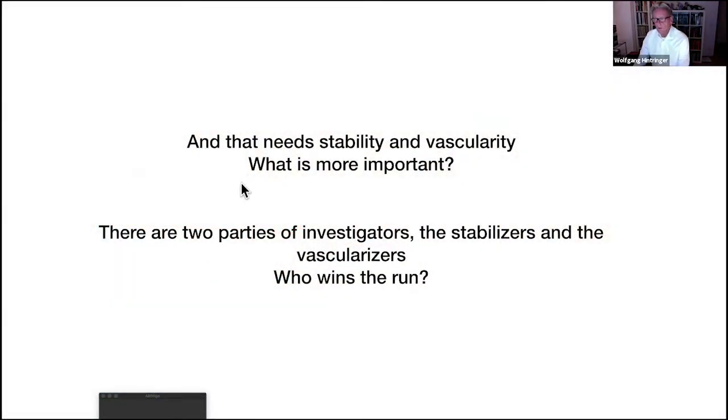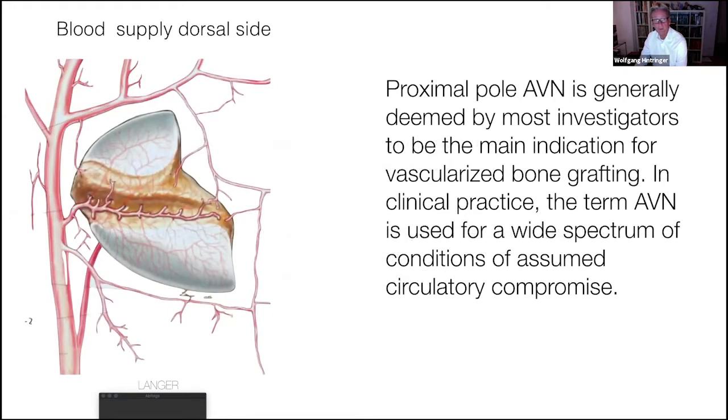So the question is, what needs stability and vascularity? What is more important? There are two parties of investigators, the stabilizers and the vascularizers. Who wins the run is the question. As you know, the blood supply comes from the dorsal side.